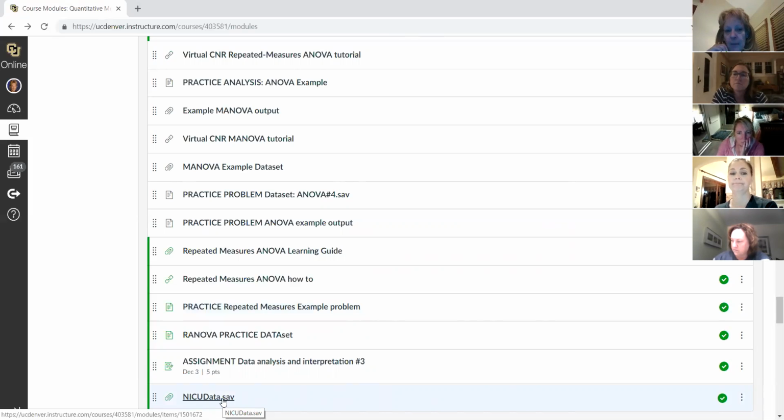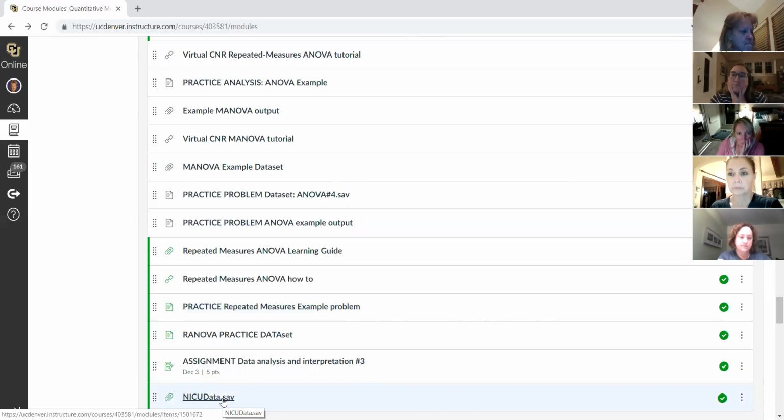So if, for example, in the assignment that you just turned in, it gave the descriptives, and then it talked about the Levene's test, and then it did the ANOVA. So if you just describe what each of those things mean, you should be good with the interpretation.